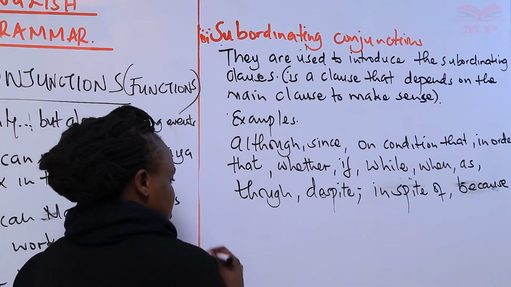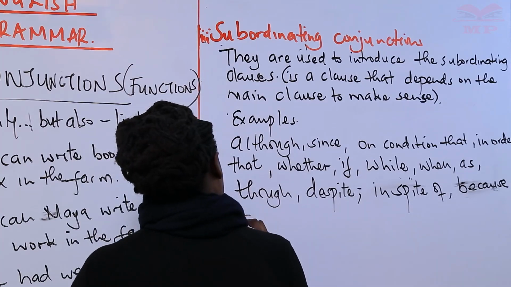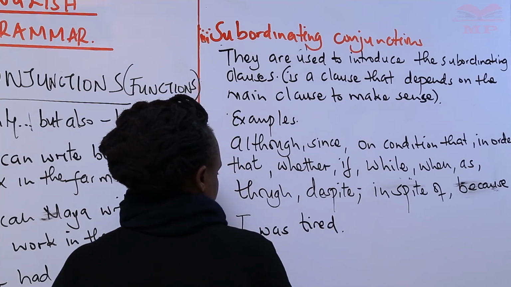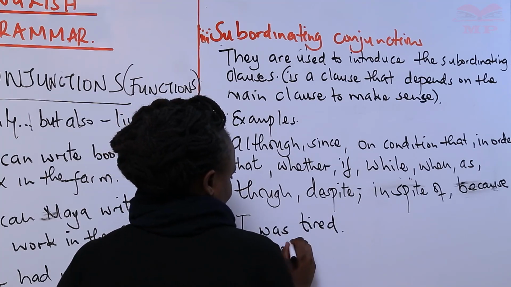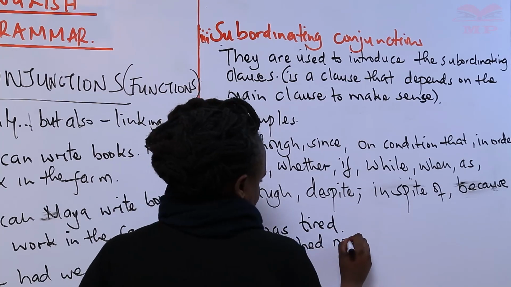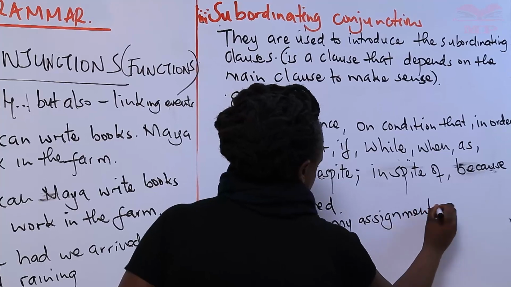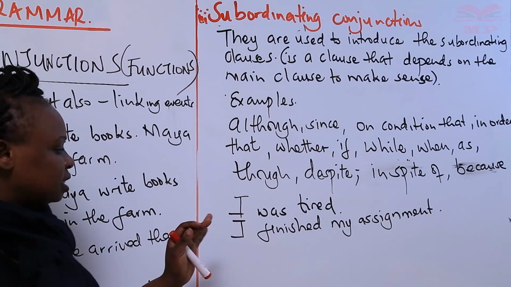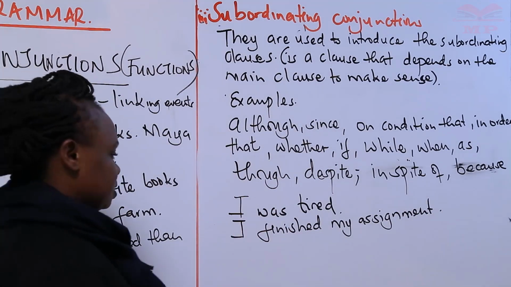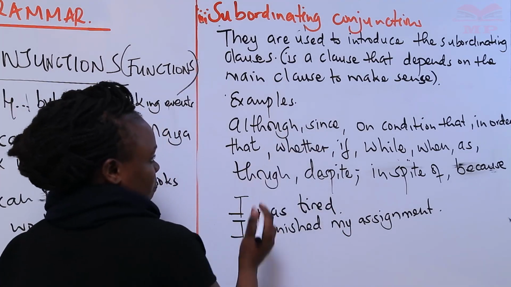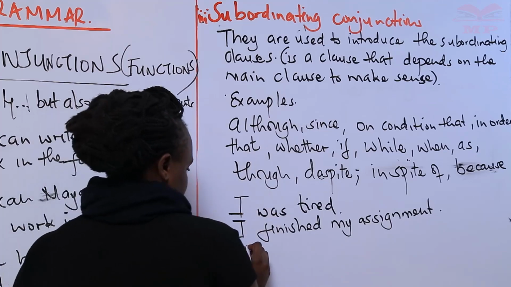So we can have two sentences like: I was tired, I finished my assignment. So join using a subordinating conjunction. You can choose from maybe although.